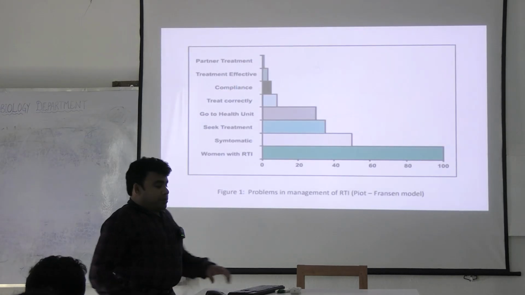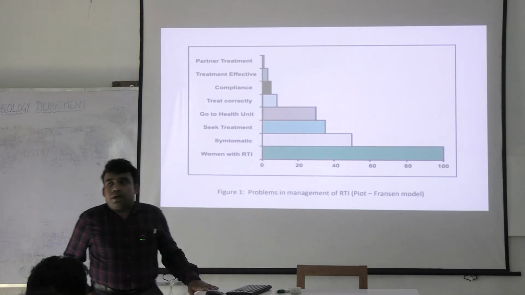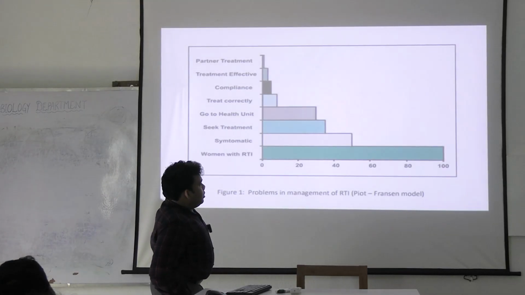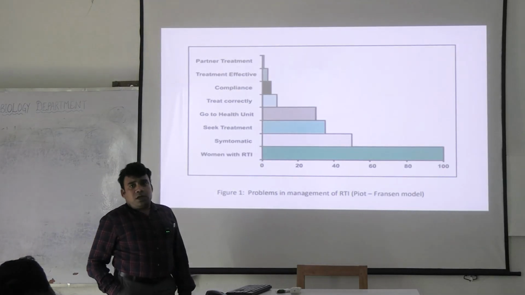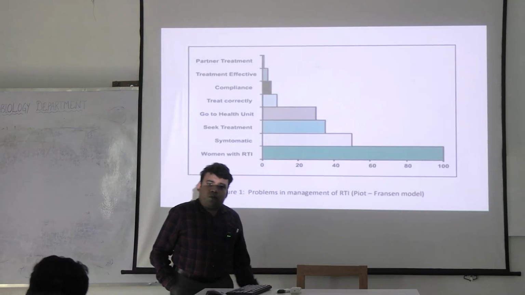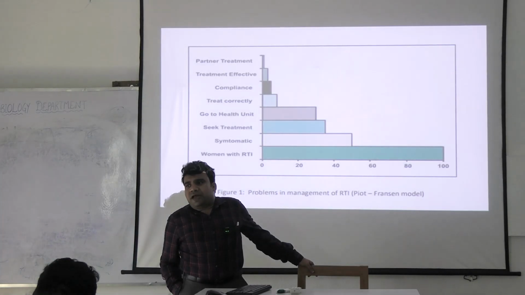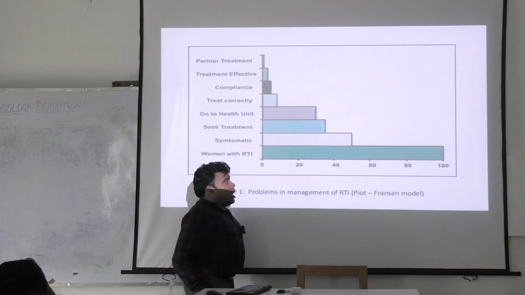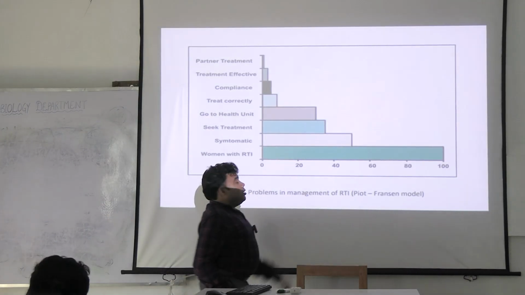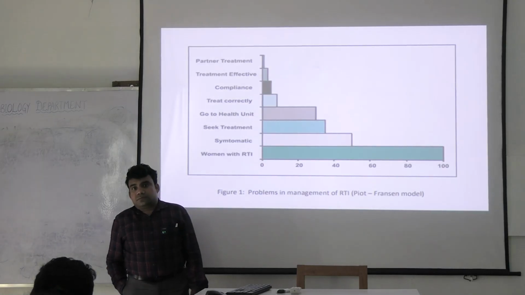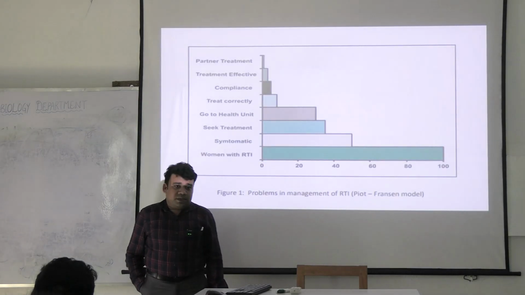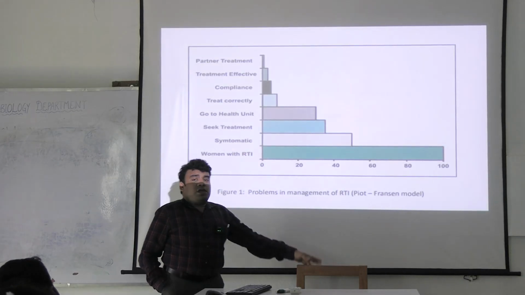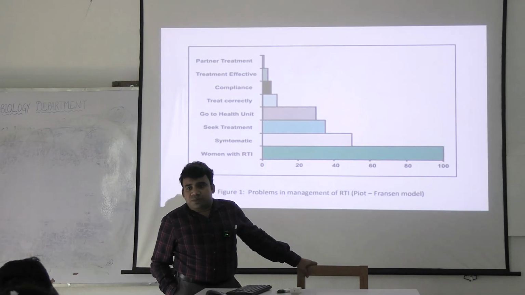Why are these important? Now, this is the Piot-Fransen model, which shows that if we have 100 women who have been afflicted with reproductive tract infections, out of them only about 50% will be symptomatic, 50% will be asymptomatic. And among the people who are symptomatic, only about two-thirds will seek treatment.